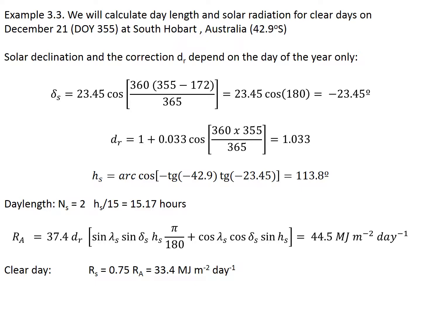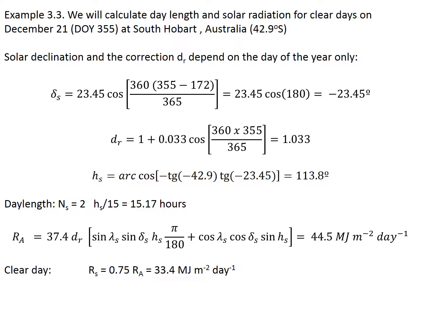In other words, 15.17 hours of day length. Now we apply the equation for extraterrestrial radiation, substituting for the R 1.033, lambda sub S, the latitude, minus 42.9, declination, which is minus 23.45, and HS, which is 113.8.